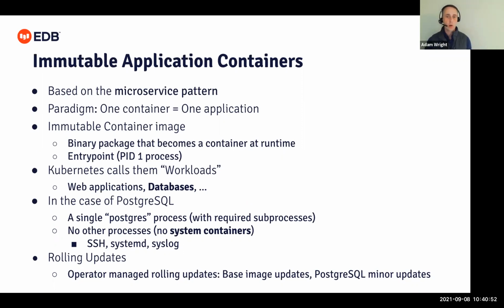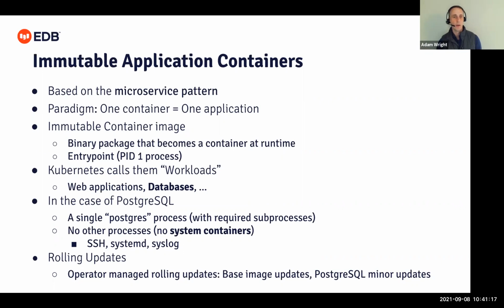If there's a security update to the base image or a new minor update of Postgres, then the entire image is going to be swapped out. The operator itself will perform the rolling updates, starting with standbys, rolling up, finally performing a switchover from the primary and promoting a standby server, and then bringing up another replica.